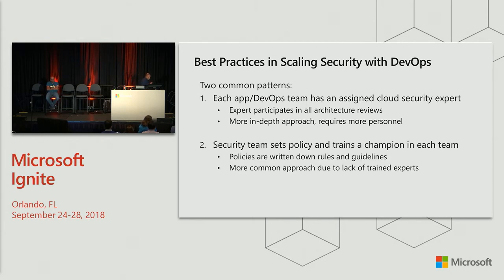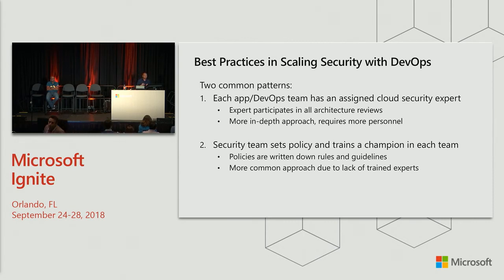Second is a little bit more, call it distributed, where you give everybody the trust, and then they will do the right things. The idea is that in each application team, you train a security champion, you enable them, you give them training, they have the expertise, and now they become kind of the owner inside that app team.